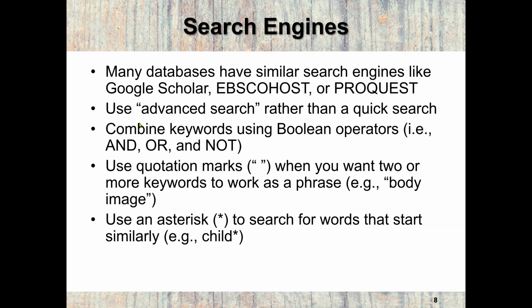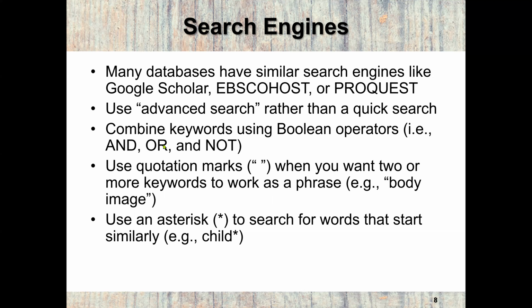So here, we can also use advanced search rather than quick search. For example, if you have taken a database class already, you have the concept of Boolean operators: and, or, and not. These are some of the Boolean operators I can use. So let's say I want to search an article for apple or orange. I don't need both of them. It can be either apple or orange. So I can use the or operator.